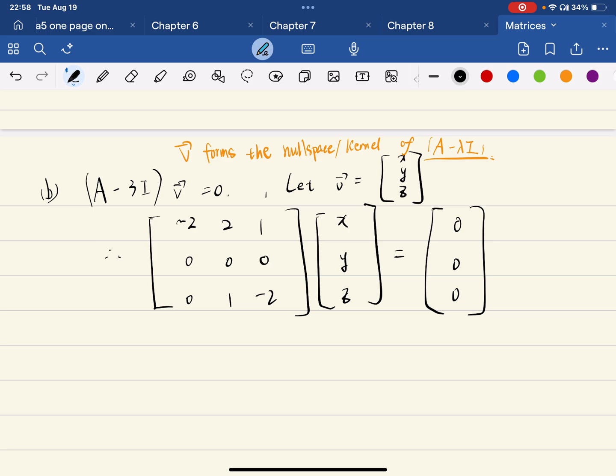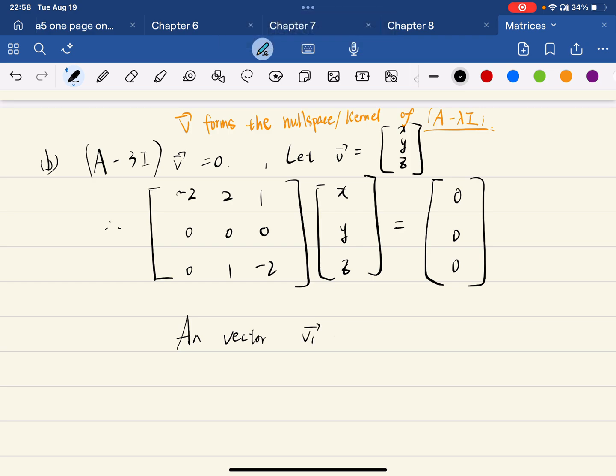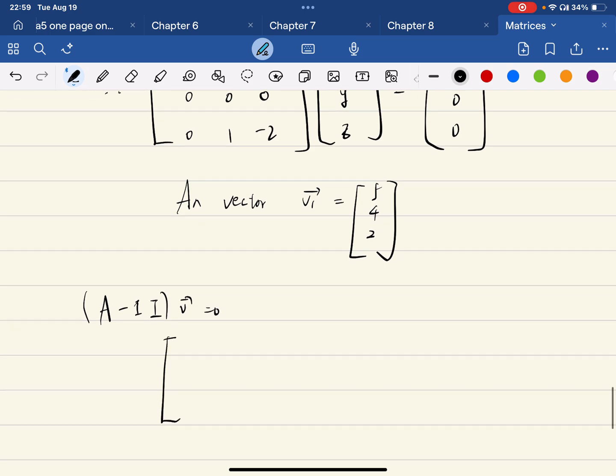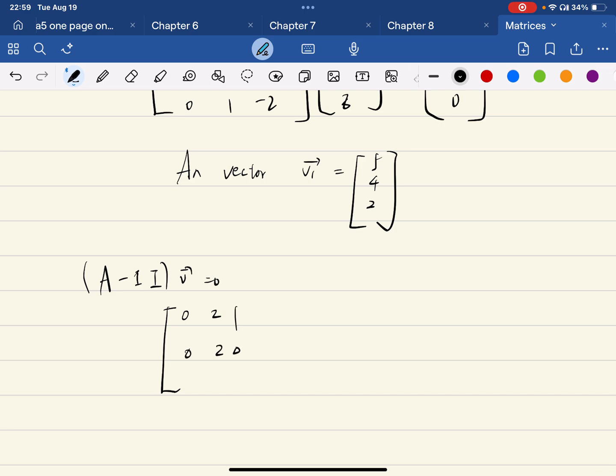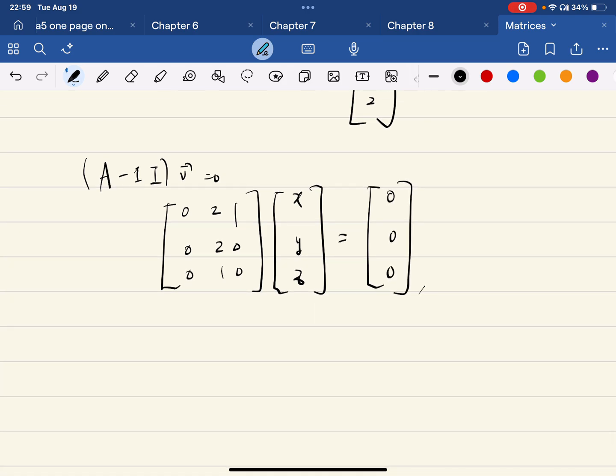So now we find a solution and we find a vector v1 for the eigenvalue 1, and therefore we can calculate another eigenvector which is 1, 0, 0.